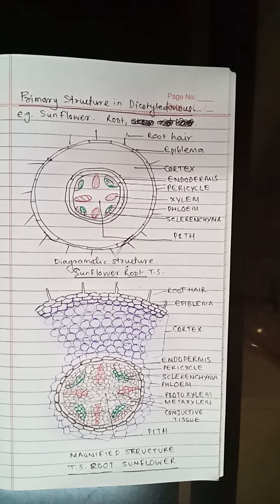This is your fourth unit, and today we start with the primary structure in sunflower root.